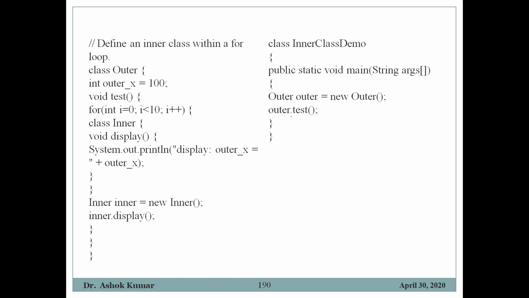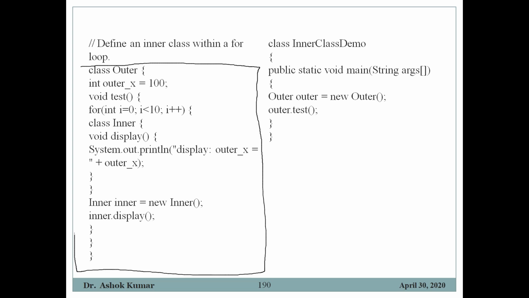Here is another example on the same concept, but this time we have changed the program a little bit. We have defined the inner class within the for loop. So this is another important point. If you want to create the inner class, you can create even the class within the for loop also. If you look at this, this is your for loop. Its body is starting from this place and its body is ending at this place.